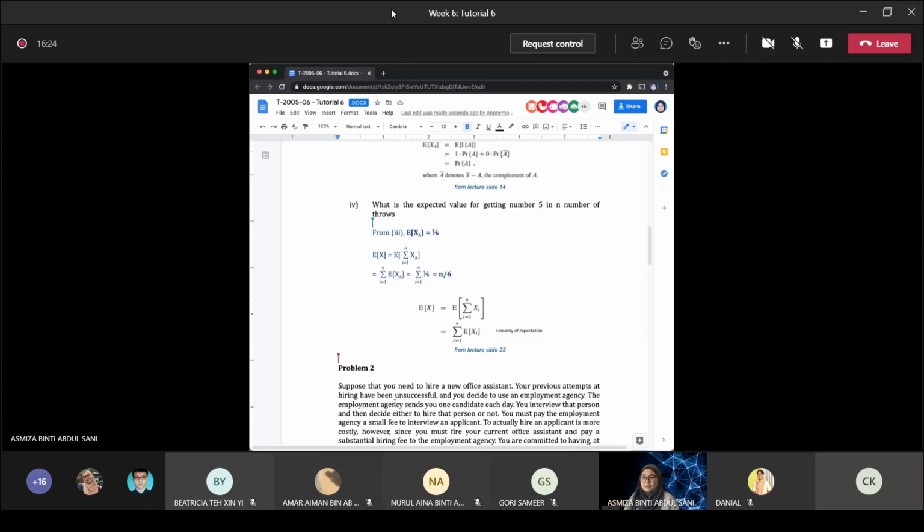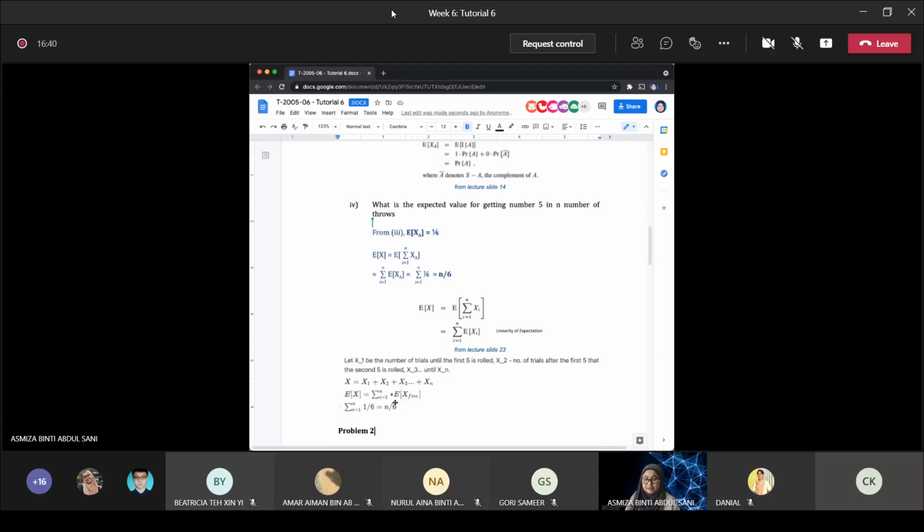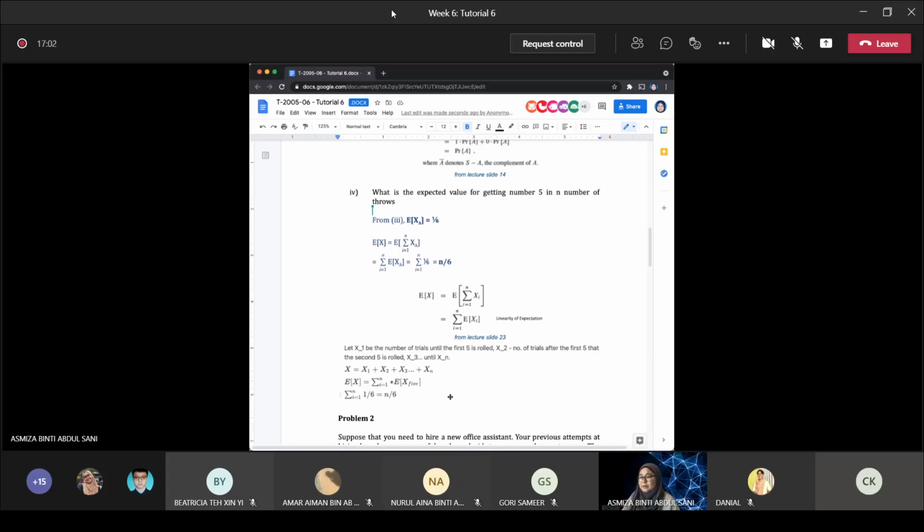Please do not get confused. What we are trying to look at is the probability of getting the face, not the value itself. If you're talking about the average, yes, you can do that. But in probabilistic analysis, we are trying to see the probability of that event occurring, not the value itself. Please take note of that.